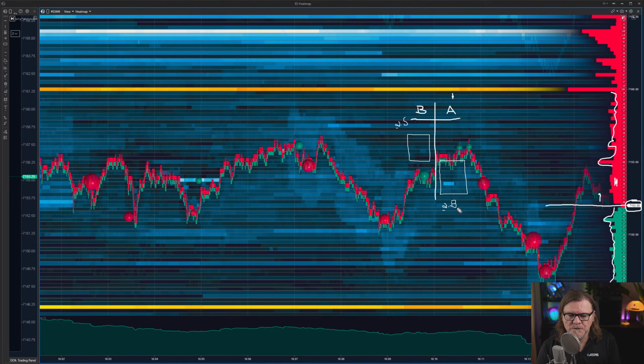Aggressive buying on the right side, aggressive selling on the left side. But the right side also represents passive selling. And the left side also represents passive buying.